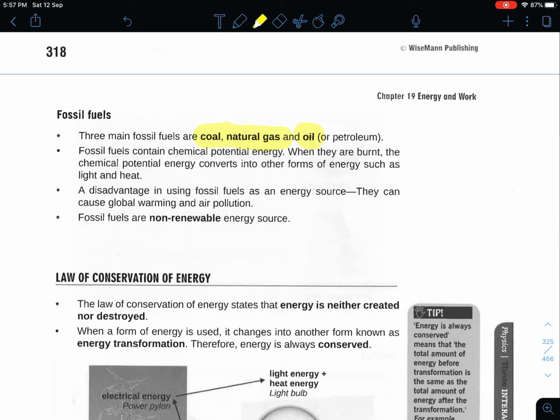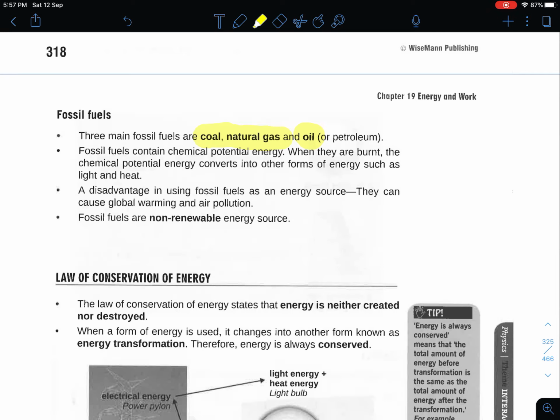Now, however, there is a major disadvantage of using fossil fuel, in that it can cause air pollution and global warming. Why air pollution? Some of these fossil fuels can undergo incomplete combustion, resulting in the production of carbon monoxide, which is a form of air pollution.